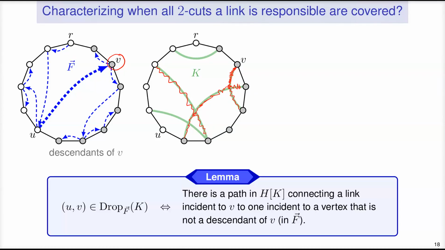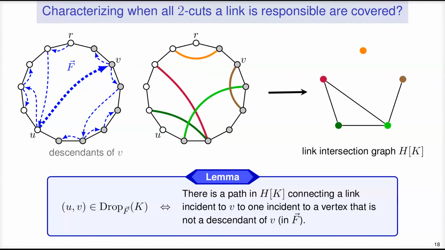In other words, you can look at the link intersection graph. For each undirected link, we introduce a vertex, and two undirected links are connected in this link intersection graph if and only if they are geometrically intersecting or share an endpoint. So red and dark green are also connected in the link intersection graph.